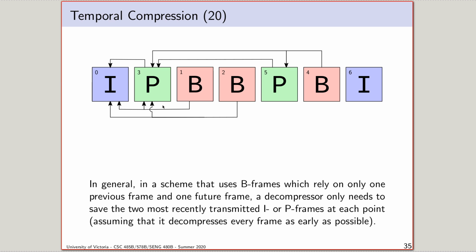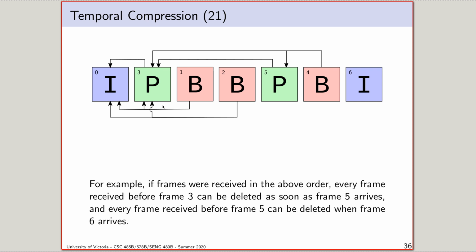So in a scheme like this one where only one future frame and previous frame can be used by any given B frame, if I do it in this order, I only ever have to keep the two most recently transmitted I or P frames. I can throw them away as soon as I get to the next one. So in this example, as soon as I received frame 5, everything I was saving from before frame 3 can be thrown away.